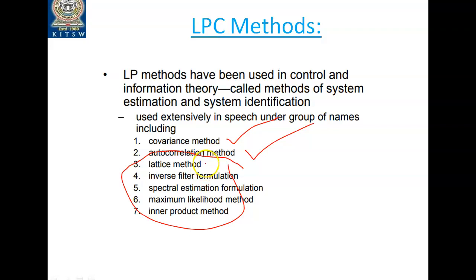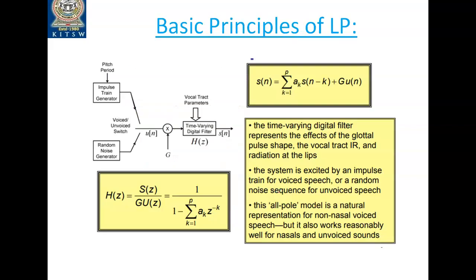We can also estimate the current sample with the lattice method, inverse filter, spectral estimation, maximum likelihood, and inner product method, but as per the syllabus we will only cover the covariance method and the autocorrelation method. In the next series of lectures we will see what the covariance and autocorrelation methods are, and how the solutions to the prediction coefficients can be found.